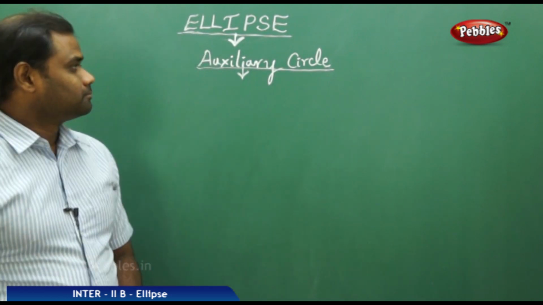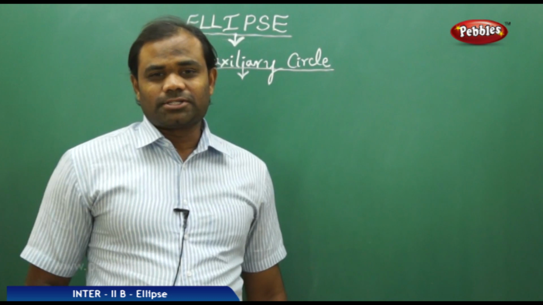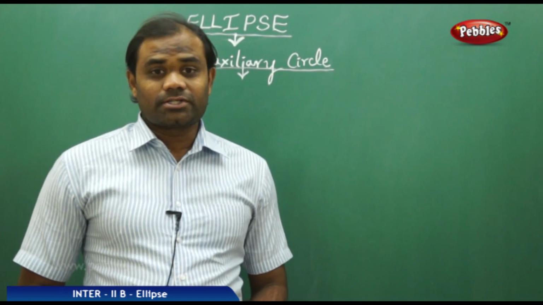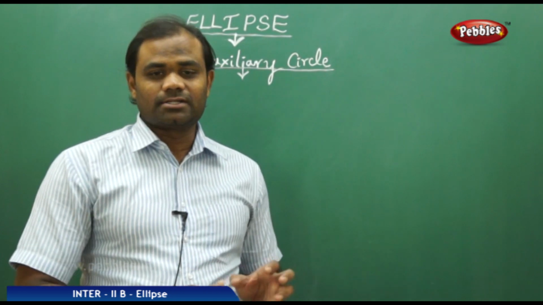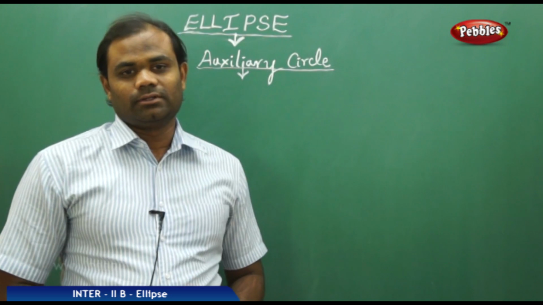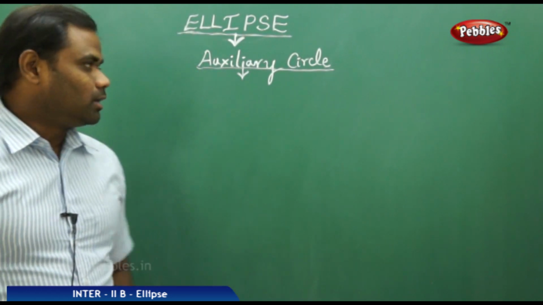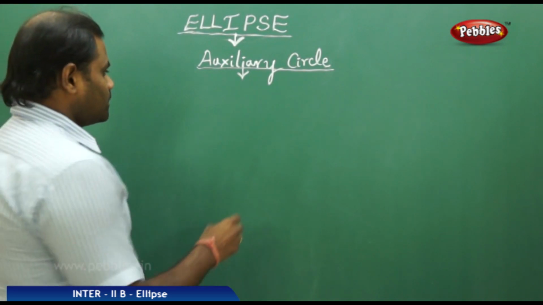Auxiliary circle. Now, what is an auxiliary circle? Now that we have discussed the circle, we're going to create a circle from an ellipse, or describe a circle around the ellipse, which we call the auxiliary circle. So let's see how an auxiliary circle looks for an ellipse.